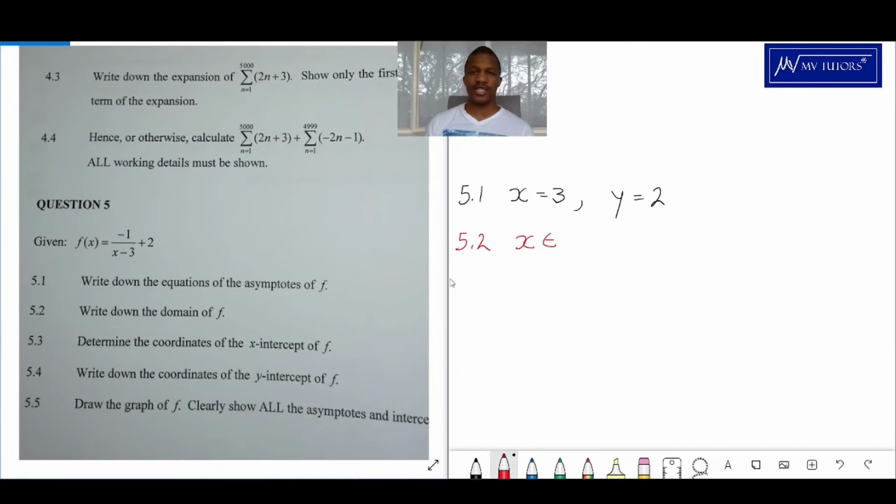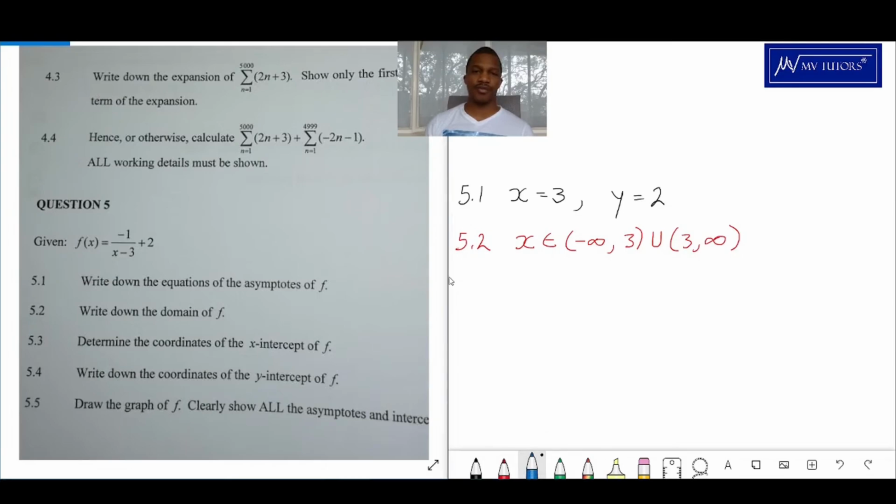So it starts from -infinity, and infinity you always put with a curved bracket, all the way up to 3, because it doesn't include 3, so we put a bracket as well. And then union, which means it also includes this, from 3 once again to +infinity.